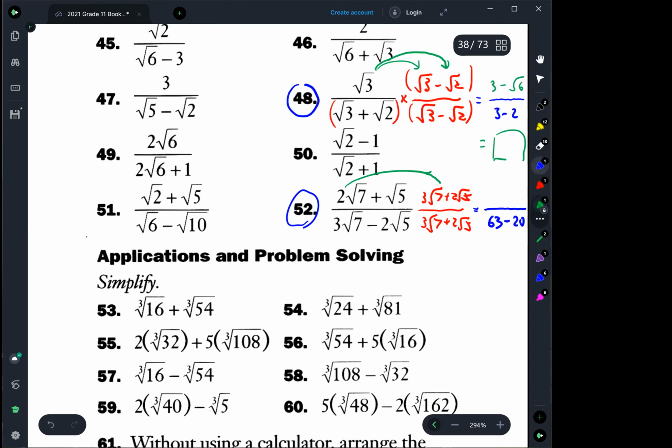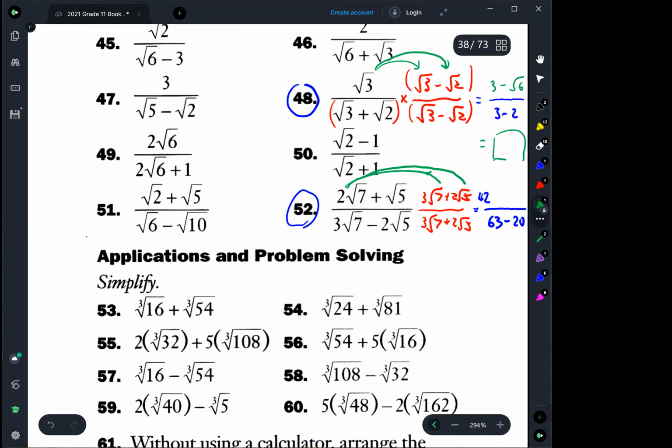So 6√49, because root 7 and root 7 will be just 7. What's root 49? 7. So it will be 6 times 7, which is 42. Okay, so that's the first part, and then continue.